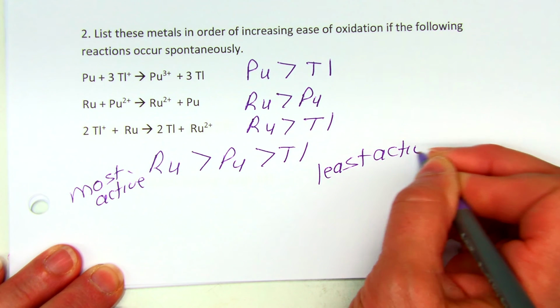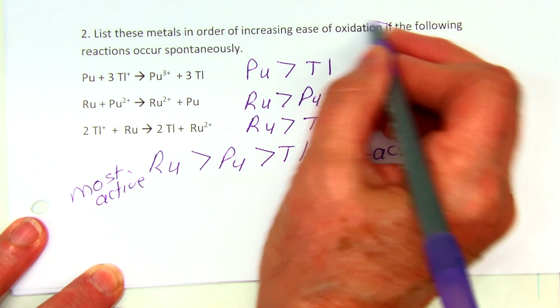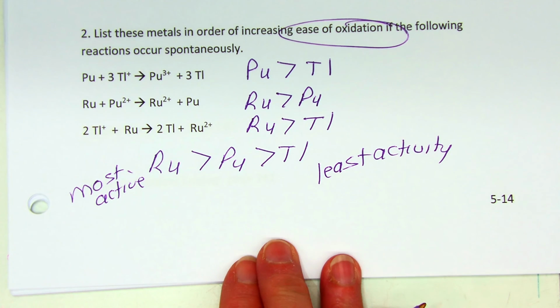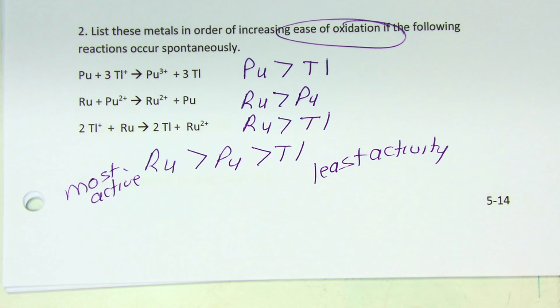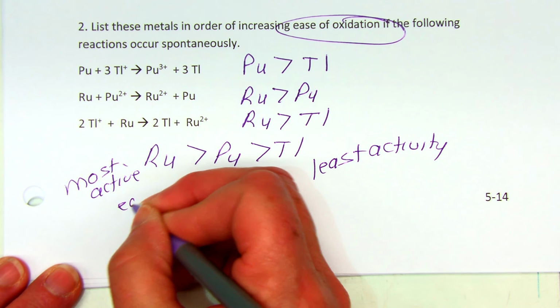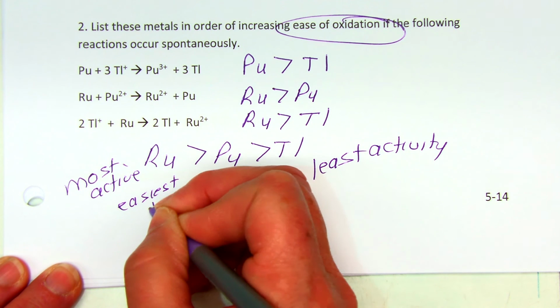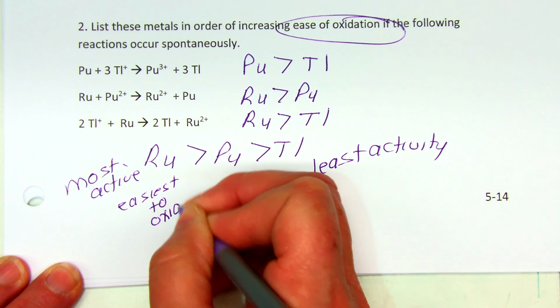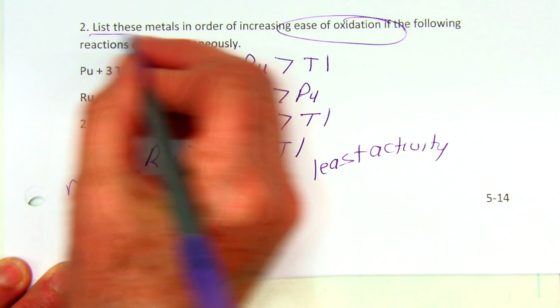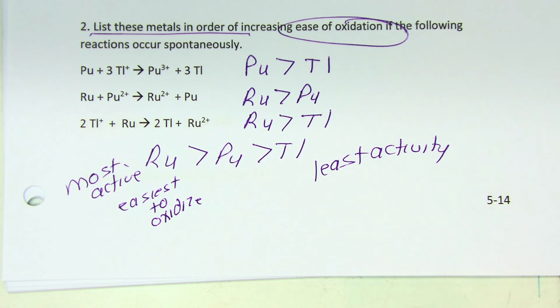What does activity have to do with ease of oxidation? The more active it is, the easier it is to oxidize. So this is the easiest to oxidize. So how do you list them in order of increasing ease of oxidation?